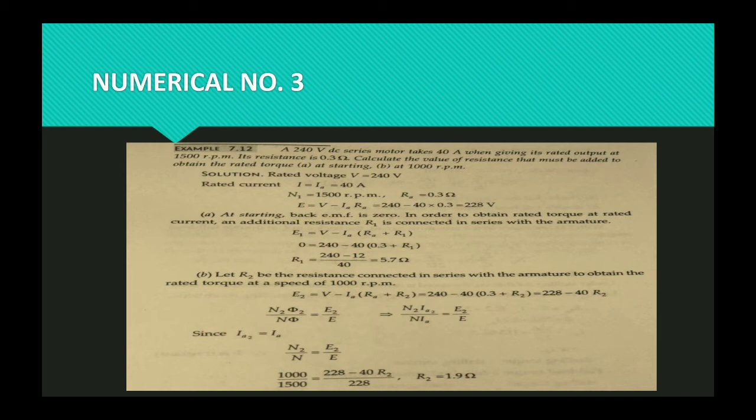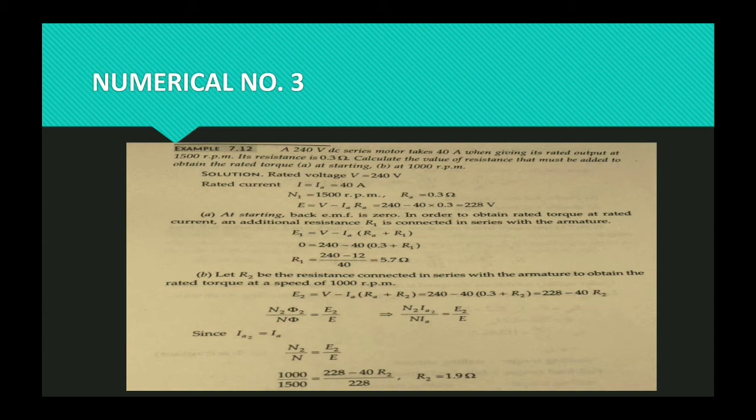So here the given data are the rated current, I equals... it is a series motor, so the armature current and supply current are the same, because the armature current is directly supplied to the armature winding from the source.